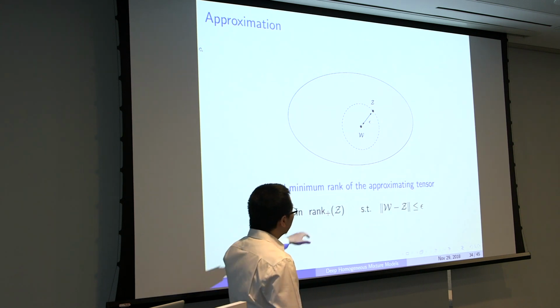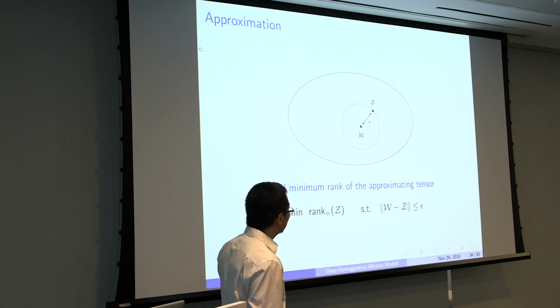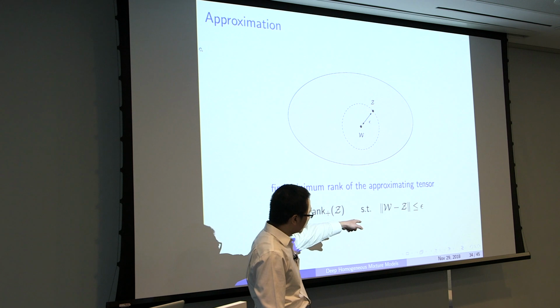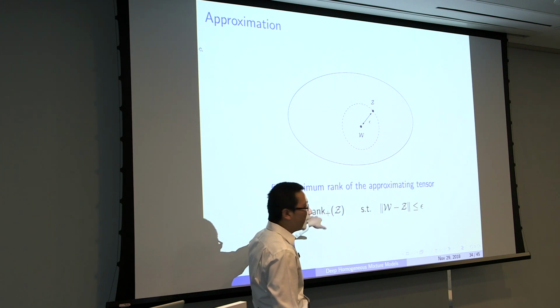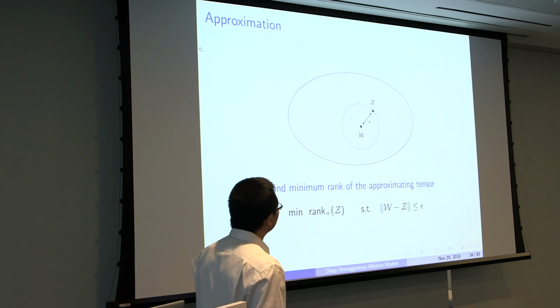And we know the rank of this tensor characterizes the size of the network. So we want to have a good approximation whose rank is as small as possible, right?